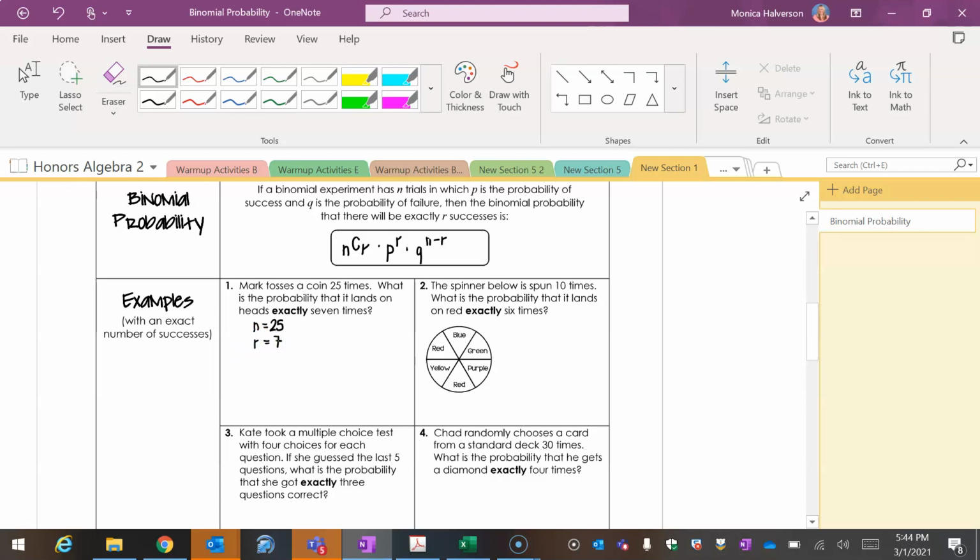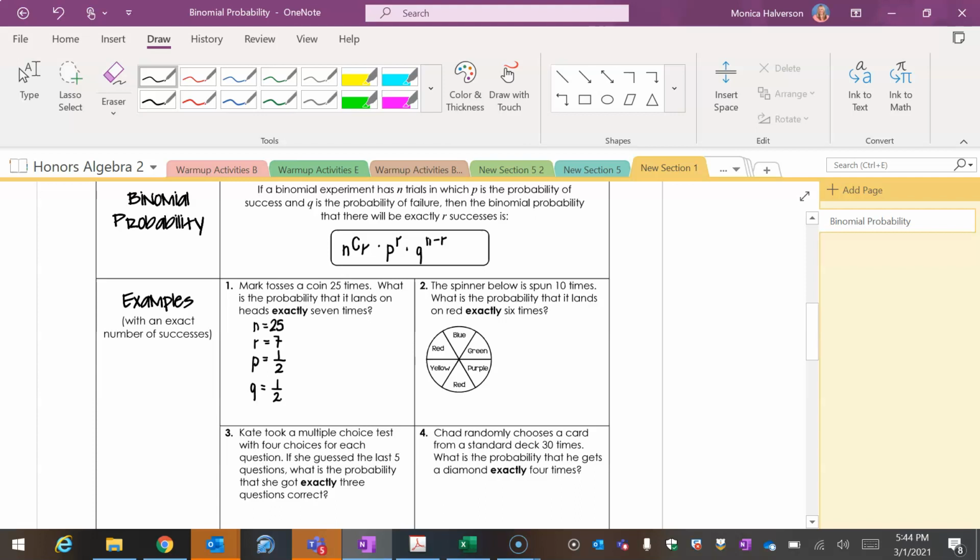That's how many times we want a success. Now we have to determine what P and Q are. P is the probability of success. Well, we know that P is going to be 1/2. That's the probability of landing on heads. And in this case, Q is going to be 1/2 also. The probability of not landing on heads is 1/2.